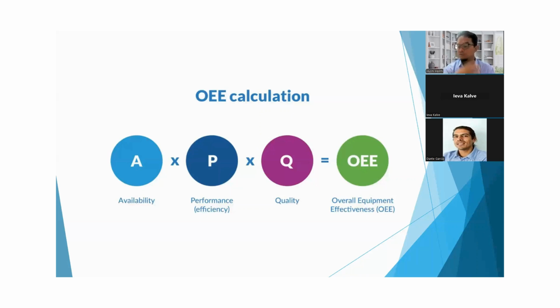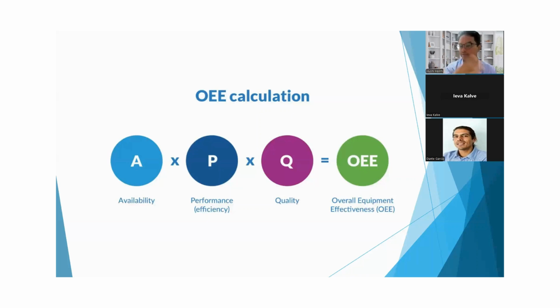So basically, if you're producing 100 pieces in one shift, and then 10 of them are rejects, your quality rate is at 90%. And then if you multiply all these three factors, you will get your OEE. It's a very simple calculation basically. So if you multiply, let's say availability is 80%, performance is 90%, quality is 90%, you will get somewhere around 70%, 75%, if I'm not mistaken. So that's the idea on this.